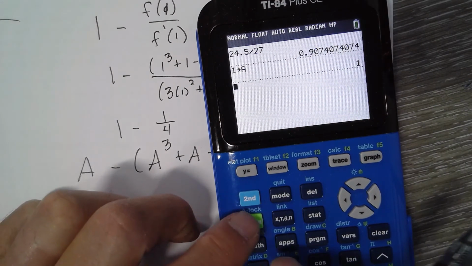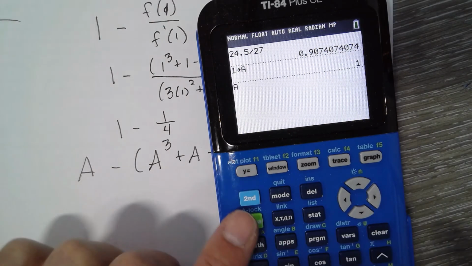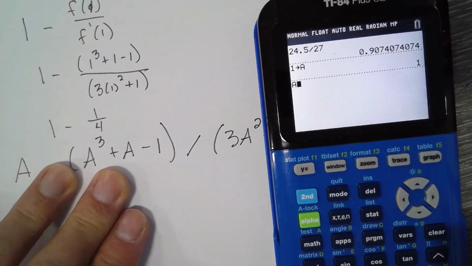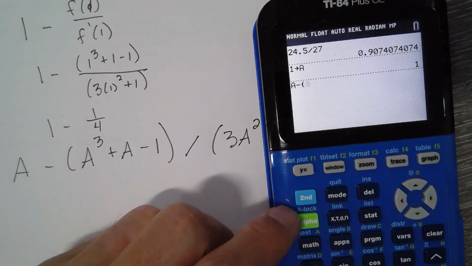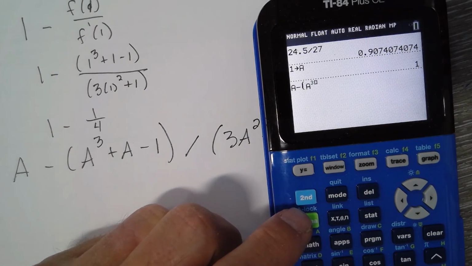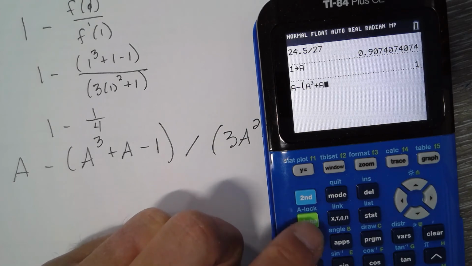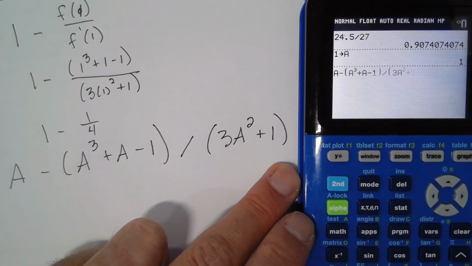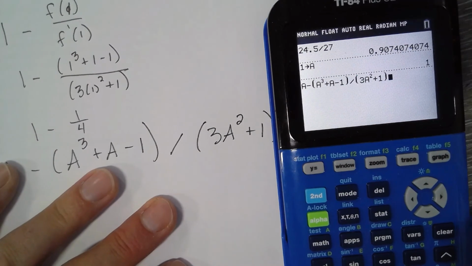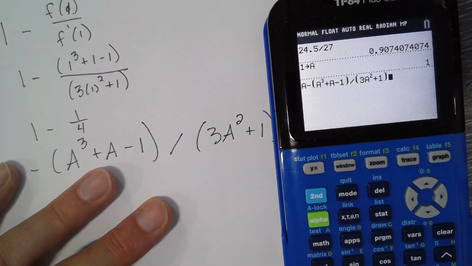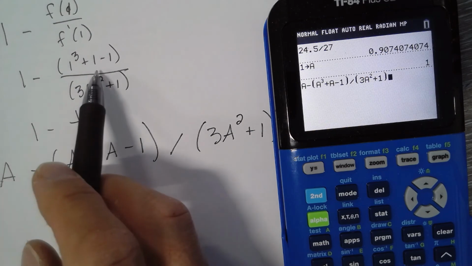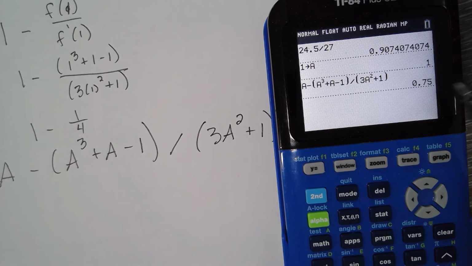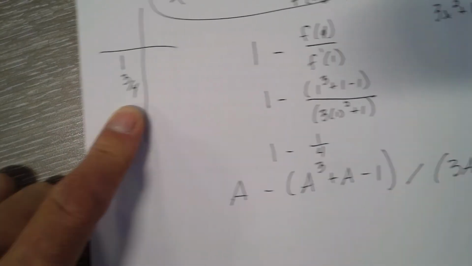So we're going to type A minus A cubed plus A minus 1 divided by 3A squared plus 1. The calculator will do everything I did right up here, and I get 0.75. So 3/4 is what I got, 0.75.